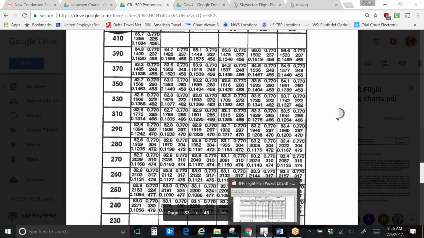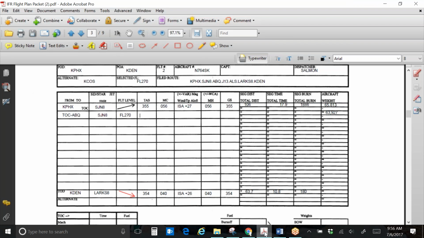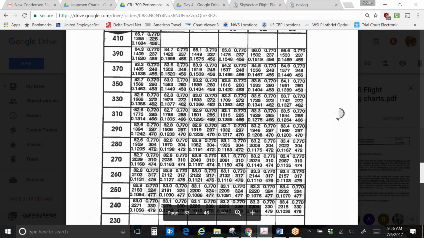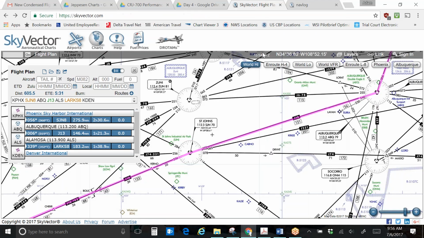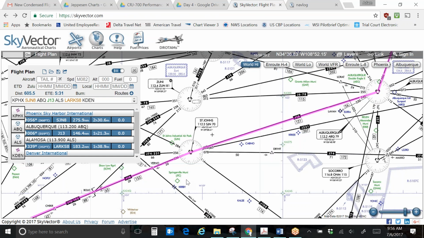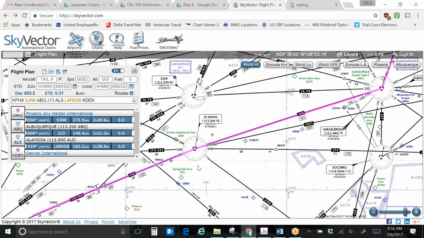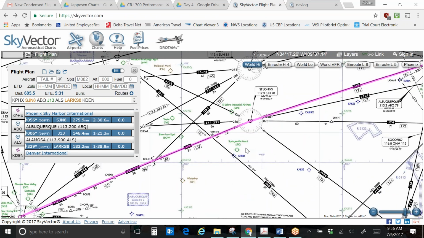So we've got that part of it figured out. The other part that now we need to figure out is how far is the distance on this particular leg. So let's go back to Sky Vector for just a minute here. Now we already know that from Phoenix to top of climb is 106 nautical miles.